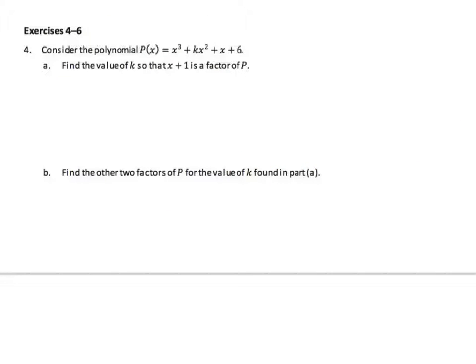Exercises 4 through 6. Consider the polynomial p of x equals x cubed plus kx squared plus x plus 6. Find the value of k so that x plus 1 is a factor of p. Well, it's important to know that in order for this to be a factor of the polynomial, our remainder has to equal 0.